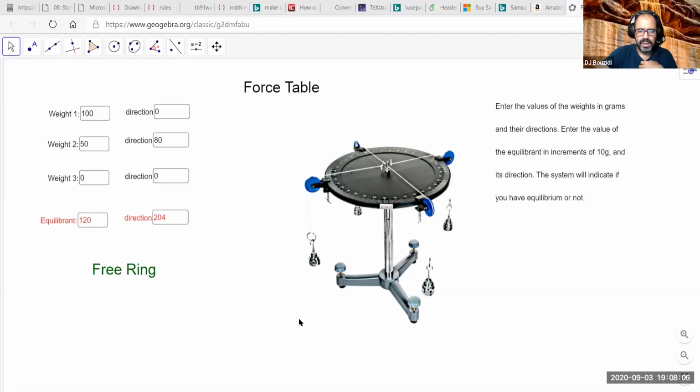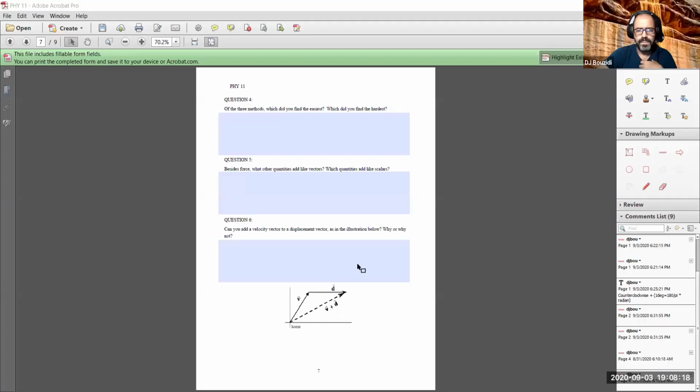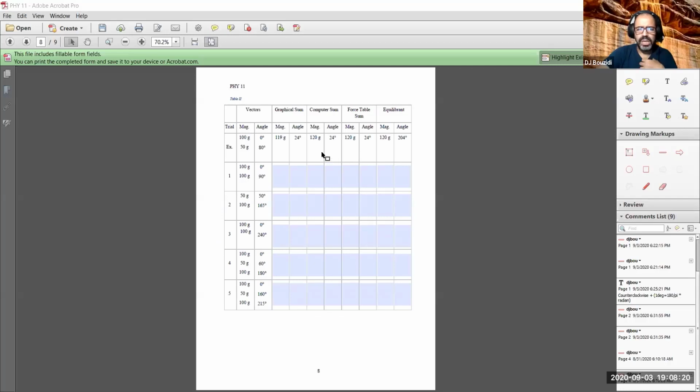According to my table, let me stop this one and go back to the table. According to my table, these 2 vectors add up to 120 grams roughly. Okay, I found 120 grams. According to the computer, it should be about 119. I cannot do 119, remember? I have to do 120.